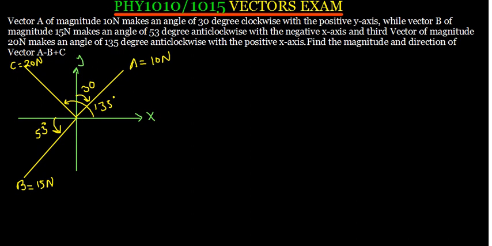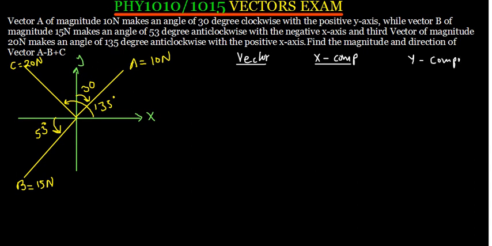Now to be able to answer it, we are going to break it down. If you want to find A minus B plus C, with vectors you work in components. So I'm going to write vector here, and then here I'm going to write x components, and then I'm going to write y components.